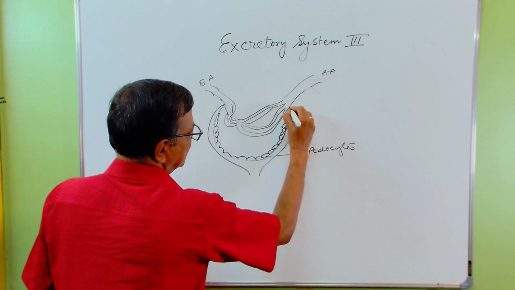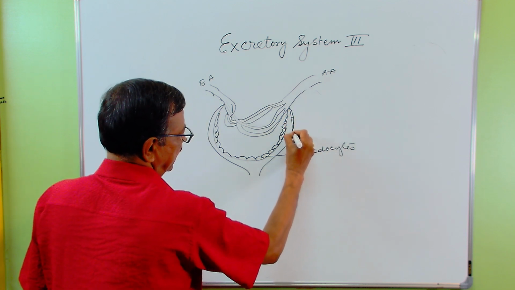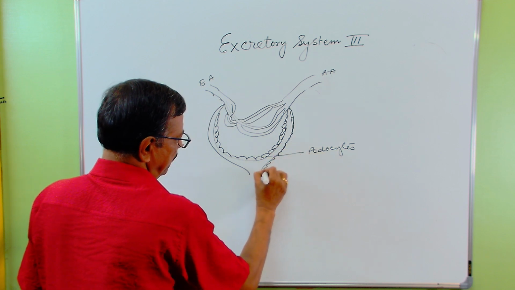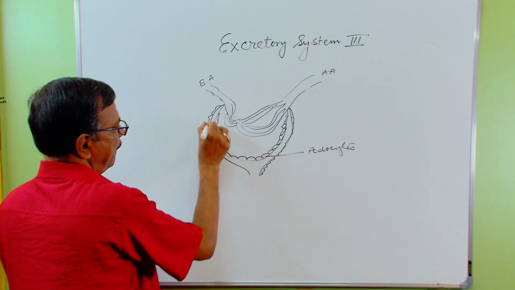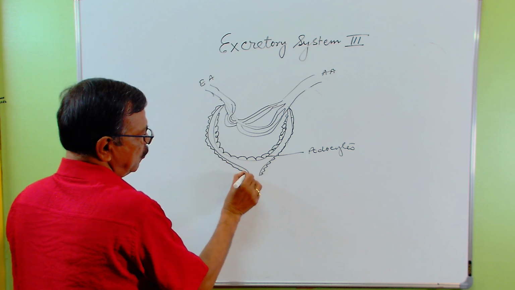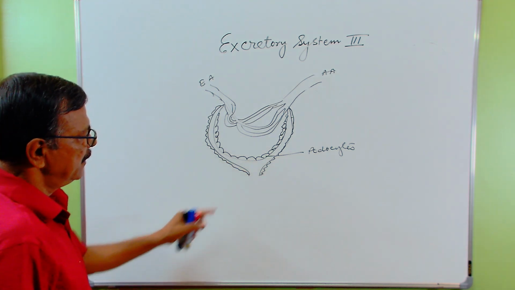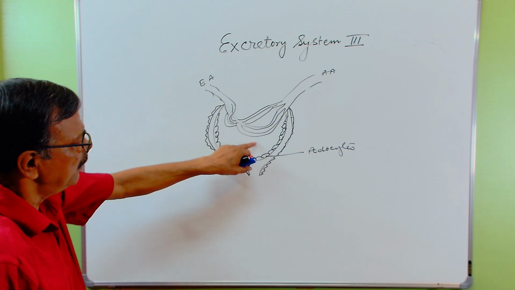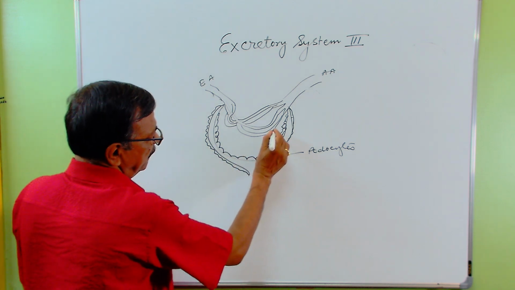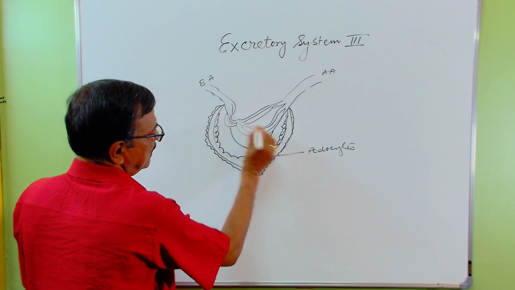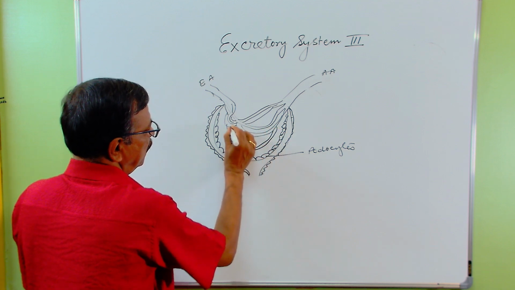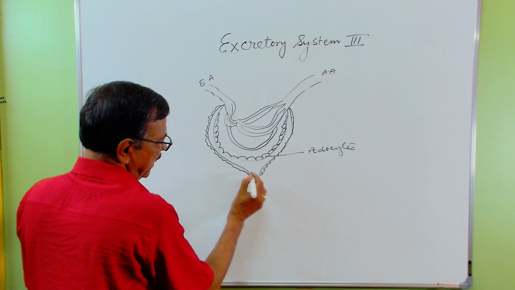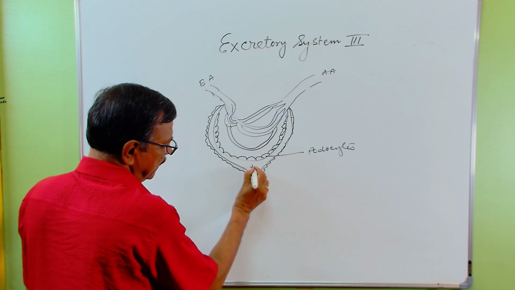This is the parietal layer formed of squamous epithelial cells. So these podocytes form the basal lamina, and the glomerular filtrate comes out here. Clear?